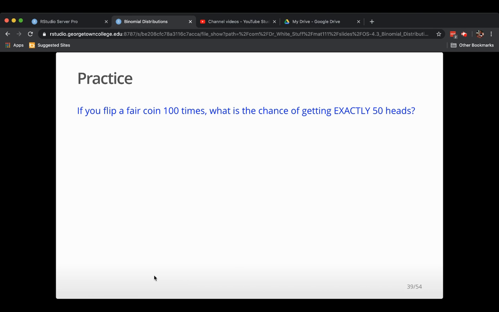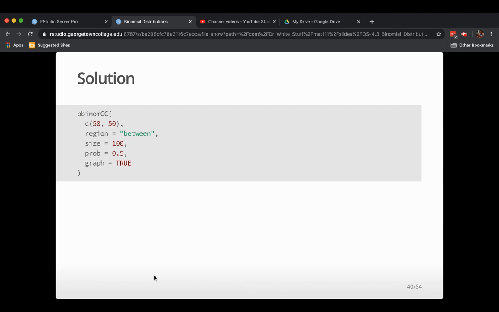Another little piece of practice. If you flip a fair coin 100 times, what's the chance of getting exactly 50 heads? Could you write an R function with pbinomGC that gives you this probability? Here's my solution, pbinomGC, and we're asking for the probability of getting from 50 to 50 heads.